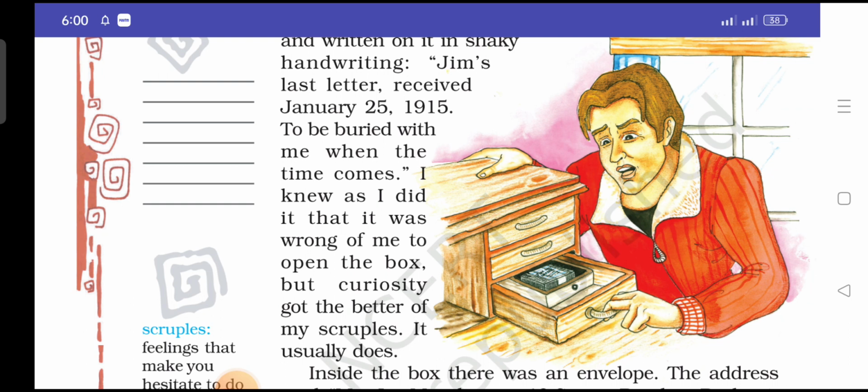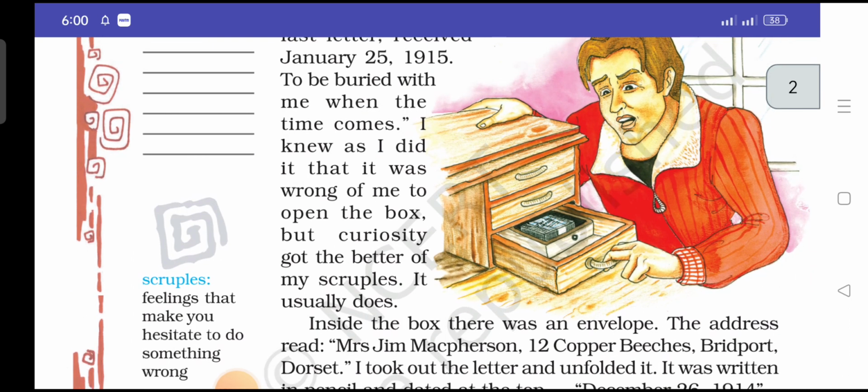But the writer was very excited about what is inside the black tin box, and also he knows that there is a letter only, but the curiosity to know what is written in the letter, they have written the words got the better of my scruples.